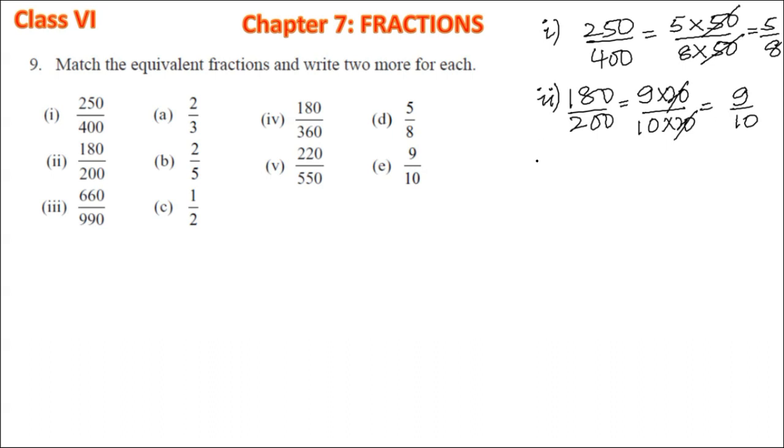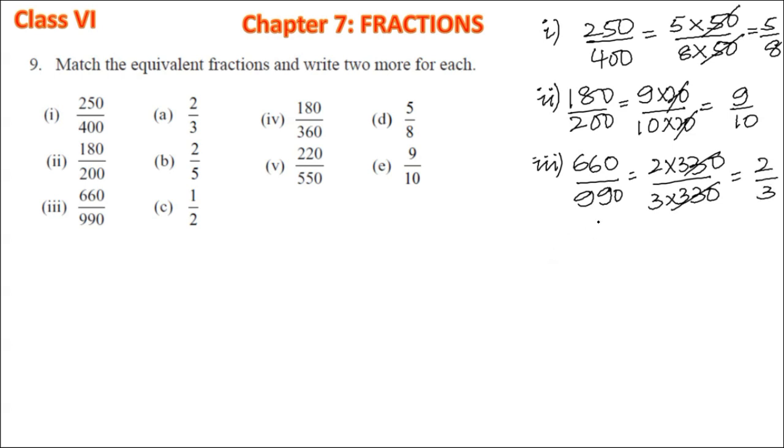For the third, we have 660 upon 990. It's a multiple of 11, so you can think it's 2 times 330. This is 3 times 330. This 330 gets cancelled. We'll be having 2 by 3 as a standard form. For the fourth, it is 180 upon 360.